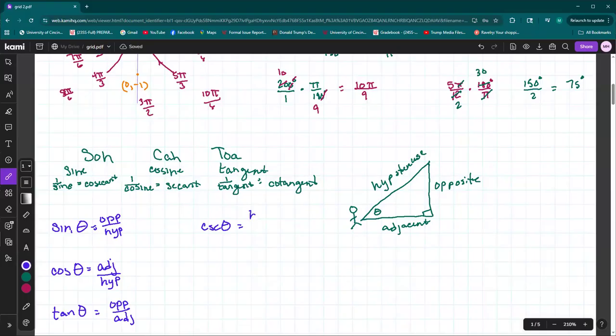So this is hypotenuse over opposite. This is secant. And cotangent equals adjacent over opposite.